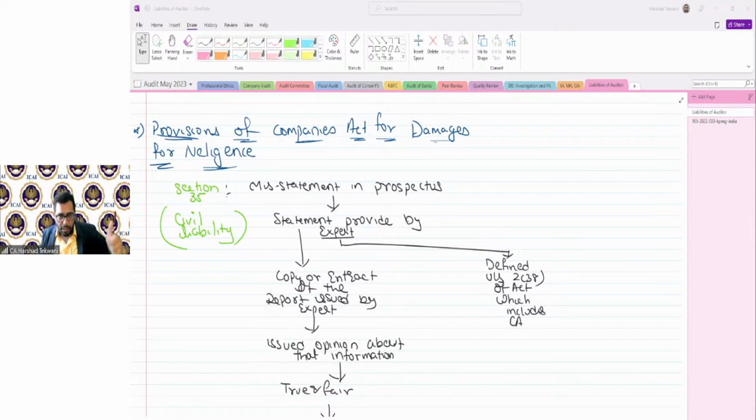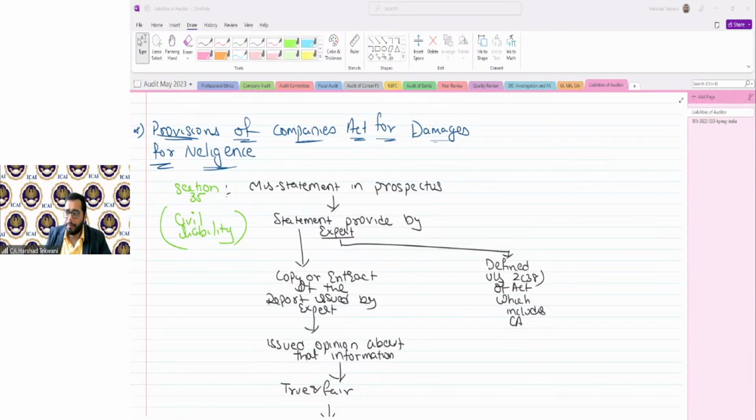Then the company and every person, like the directors, the person named in the prospectus, the promoter, the authorized issuer of the prospectus, or the expert referred to in Section 26 in the prospectus, will be held liable for the punishment.